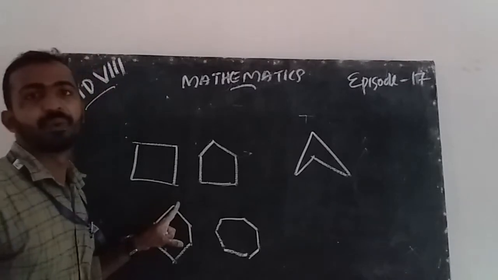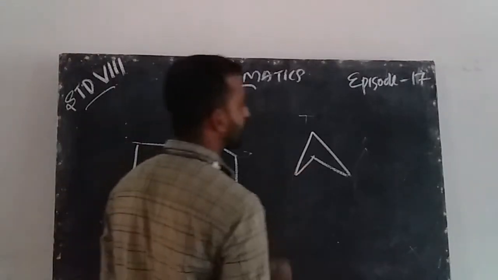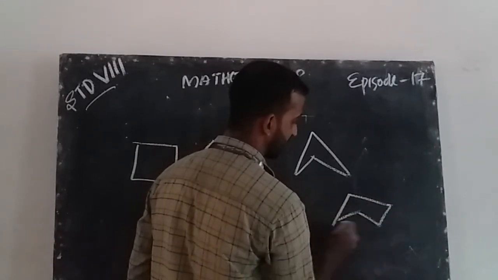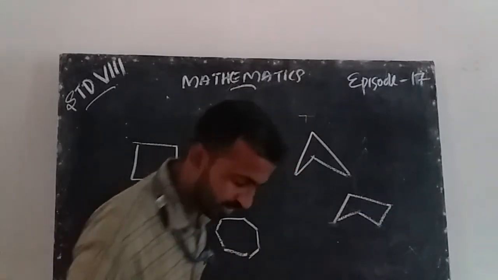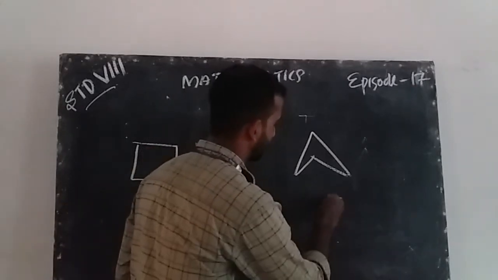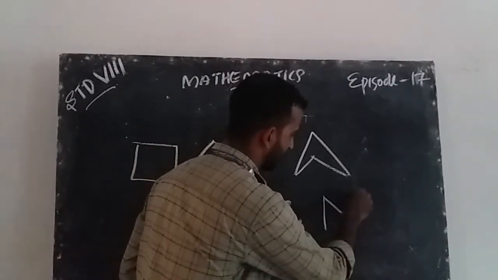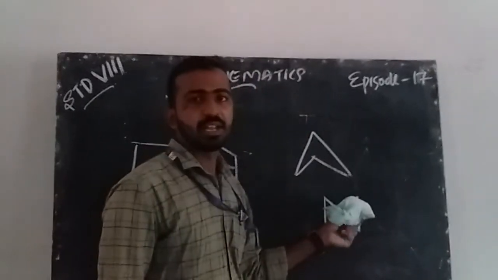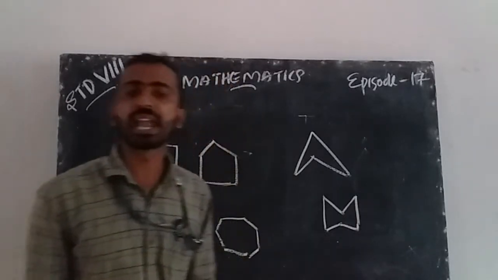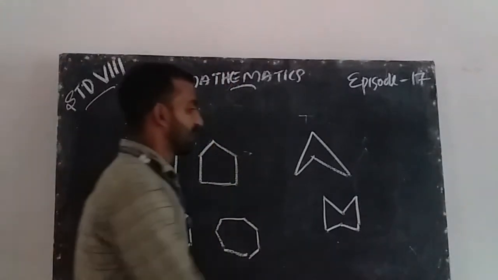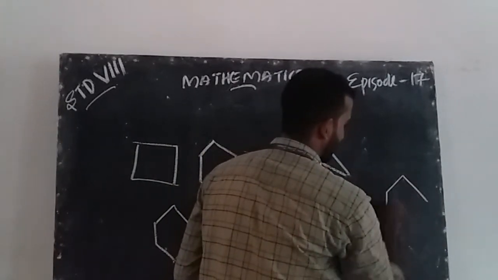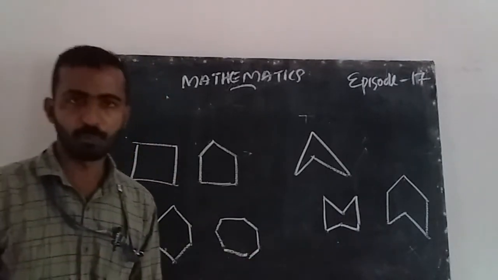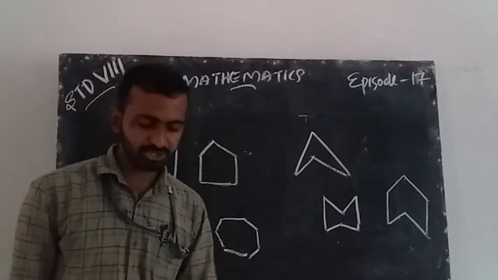These are convex polygons and these are concave polygons. These pictures have a concave portion, that is, a caving portion. These are the concave polygons. Some examples are in your textbook.